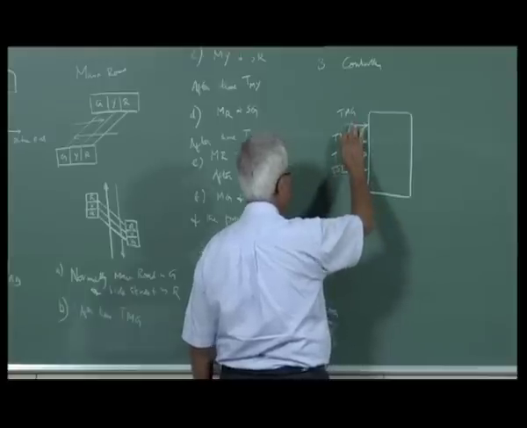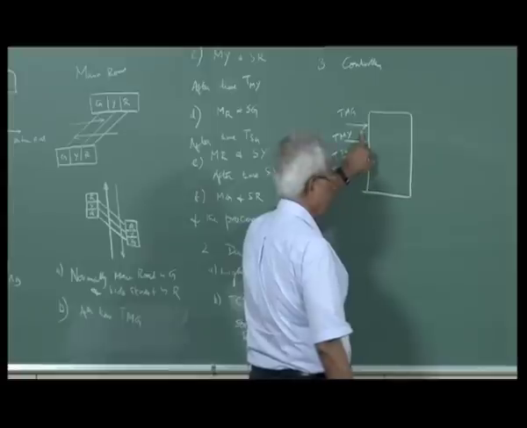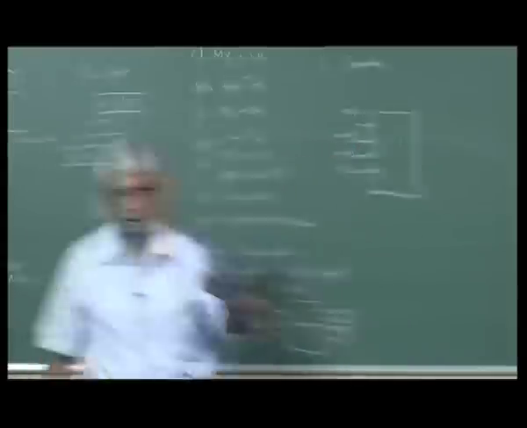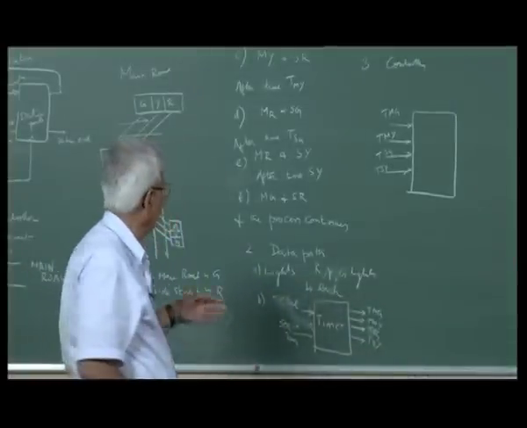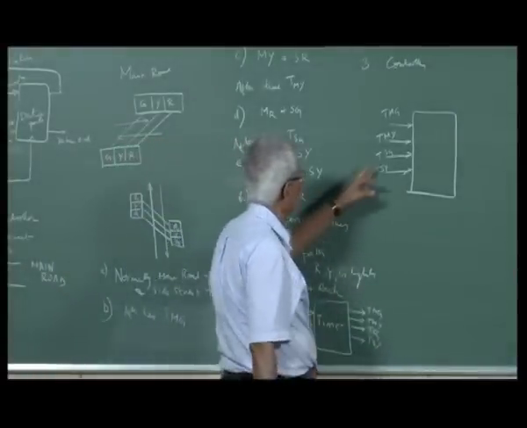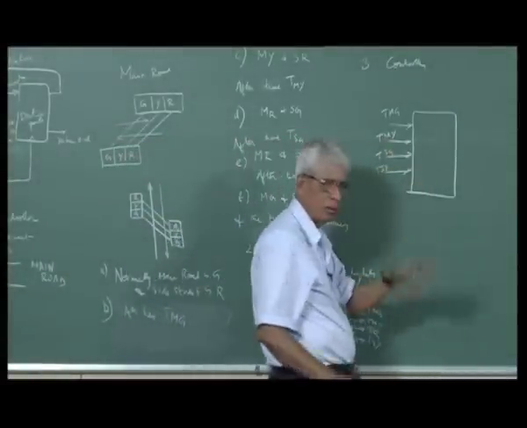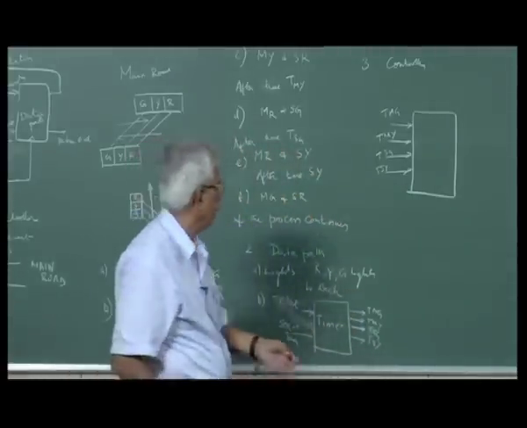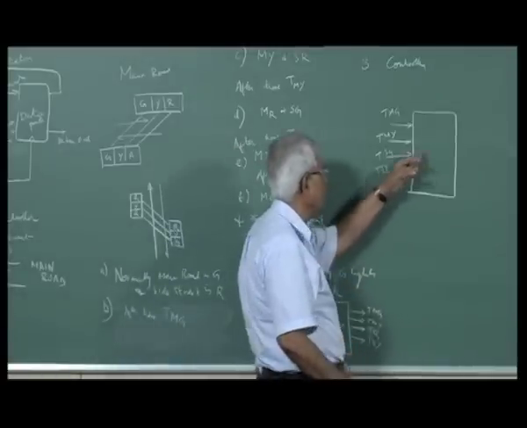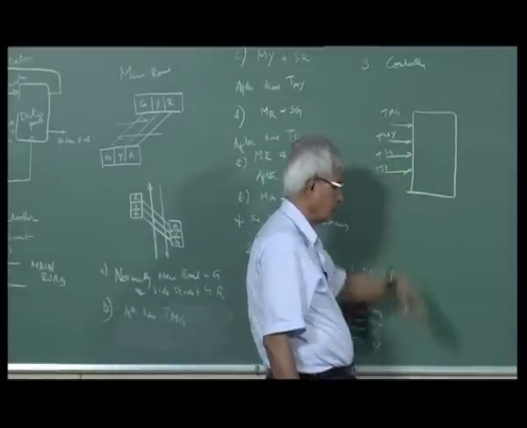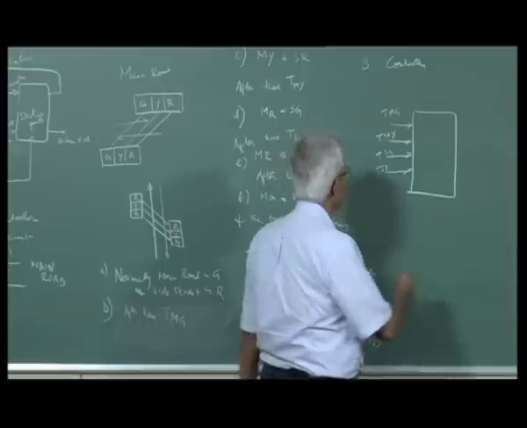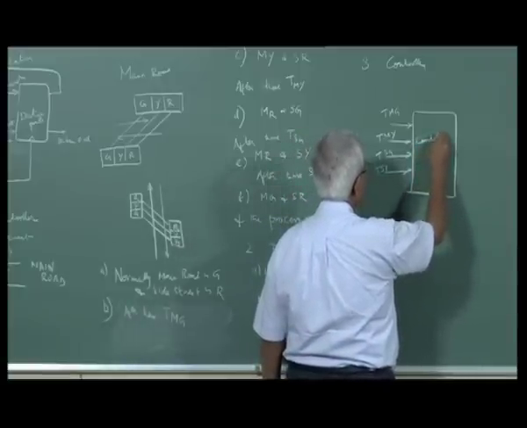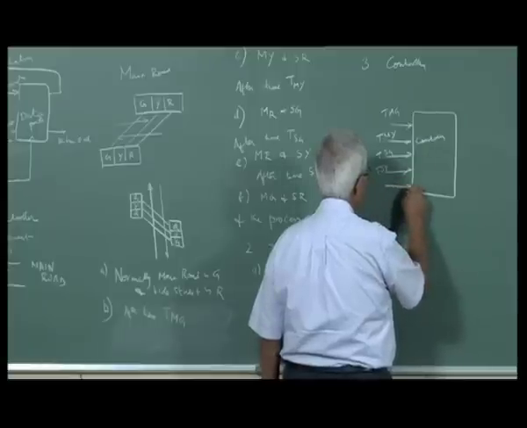So if TMG is fed to the controller, the main green time is over, it should go to the next state. Once it is over, it should be detected and it should go to the next state. Side green, side yellow. This is the controller. Of course, clock is there here also.